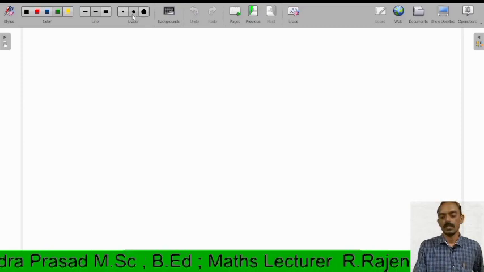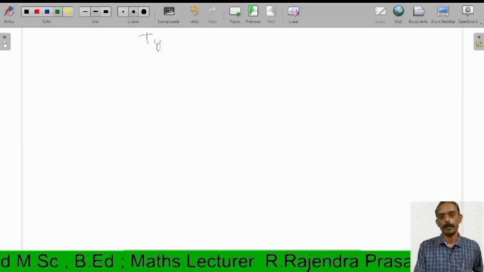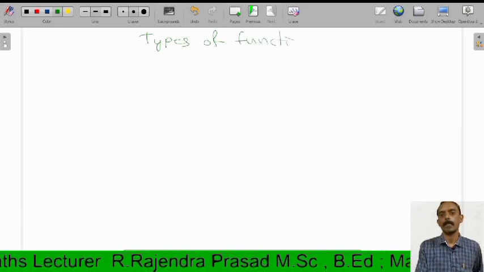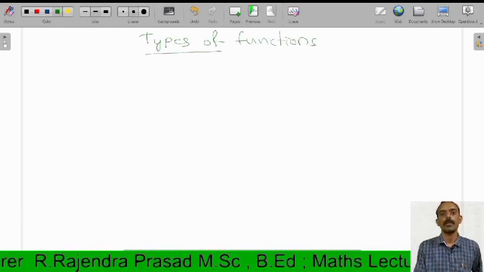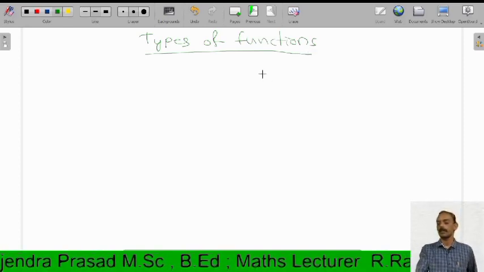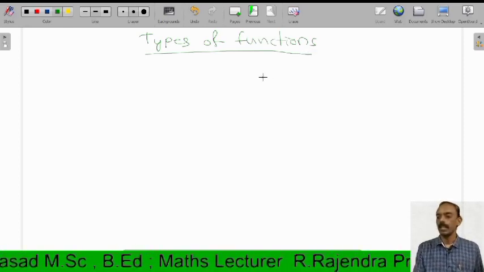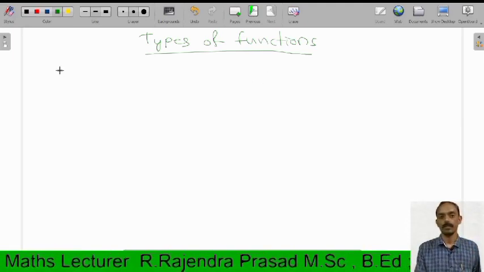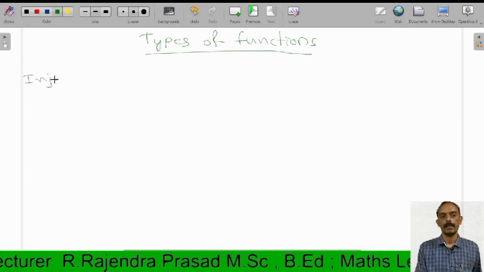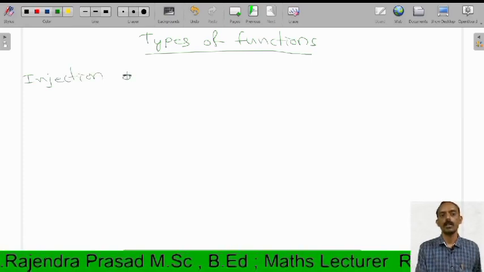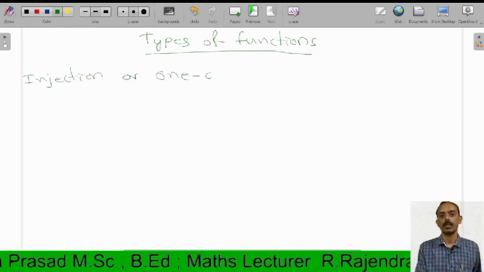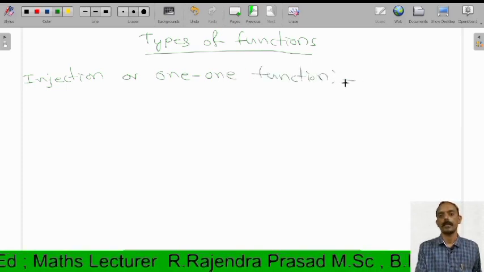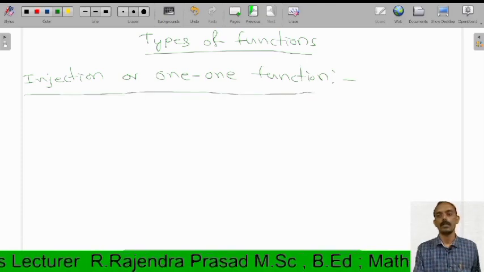Next, types of functions. First, injection or one-one function.